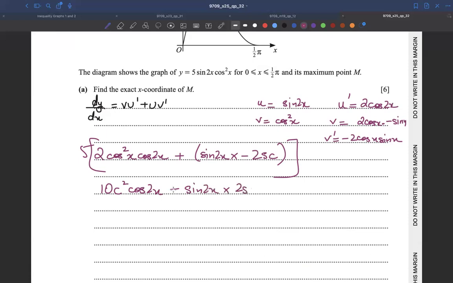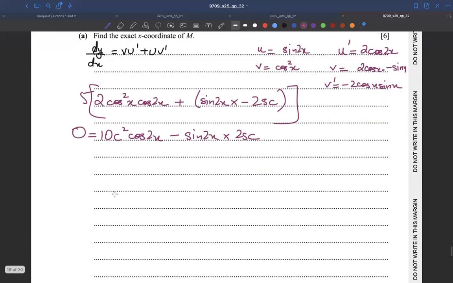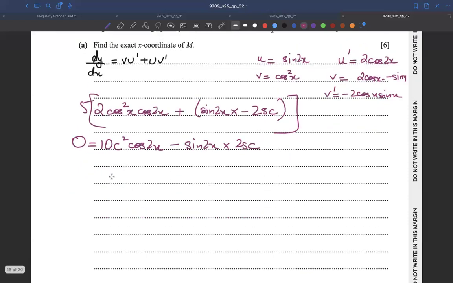Now, we'll put it equal to 0 as it's a maximum point. To make this positive, we take it on the left hand side, and we'll get sin 2x into 2 sin x cos x is equal to 10 cos squared x into cos 2x.